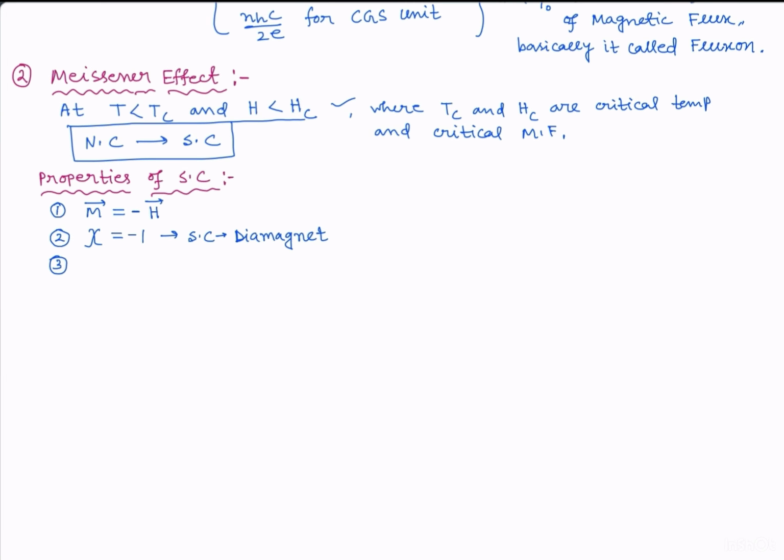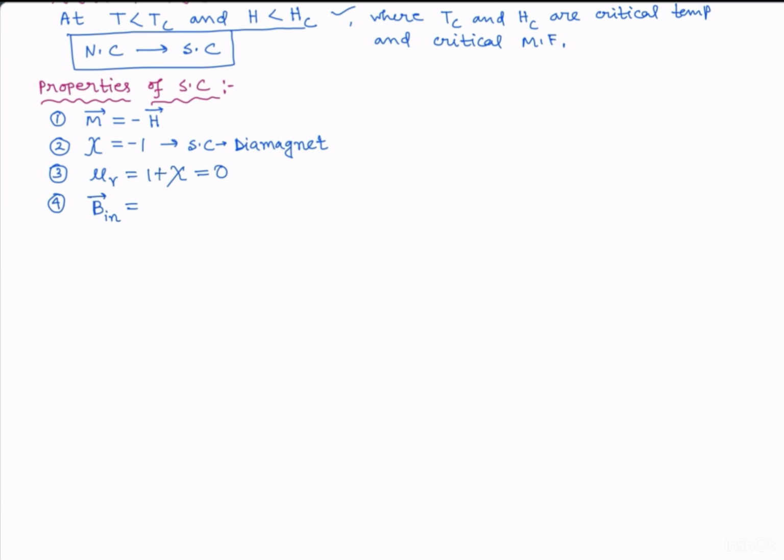And also we know mu r equal to 1 plus chi, which is equal to 0. And also B inside, B in means inside the superconductor, magnetic field is equal to, we know the basic formula, mu 0 (H plus M), which is also equal to 0.